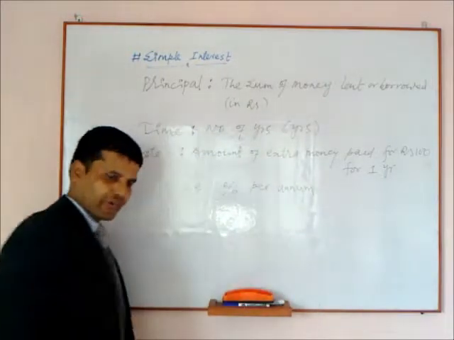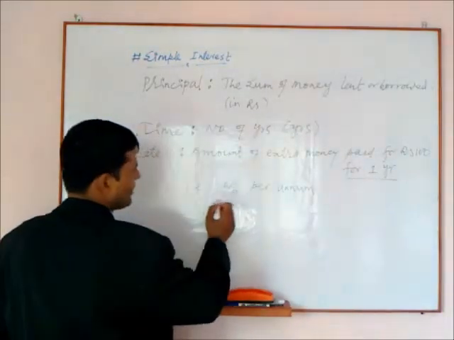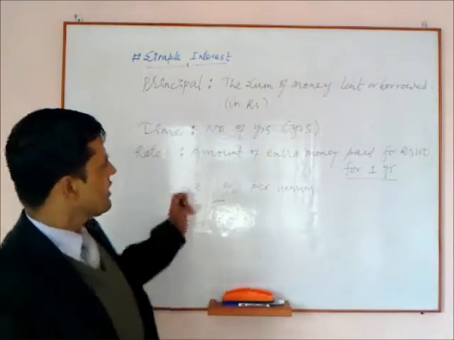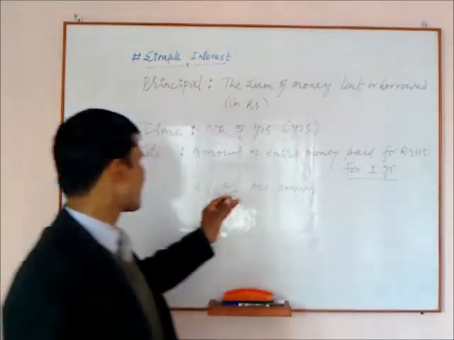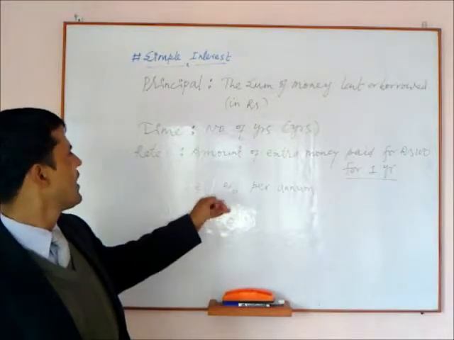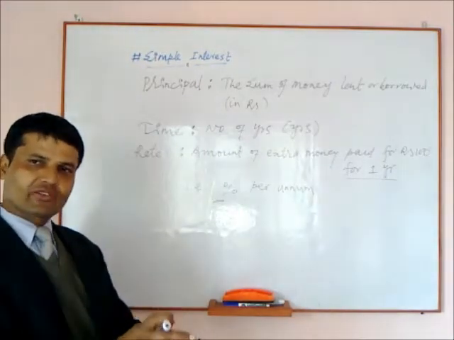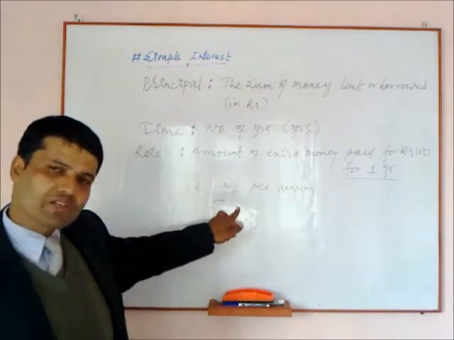Per annum means per year. This is for 1 year, and percent, the rate is the money paid out of 100 rupees. That's why it is called percent. Out of 100 rupees, how much money is paid extra, that is called rate. So its unit is percentage.